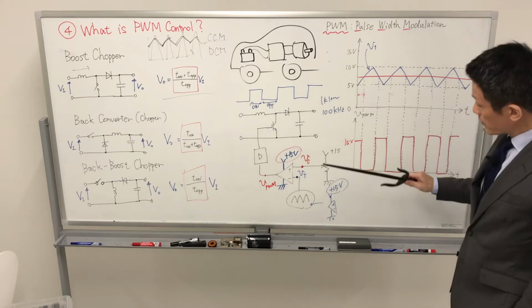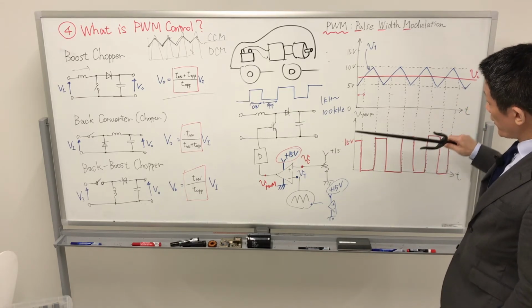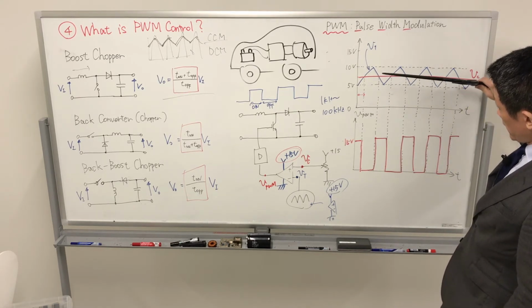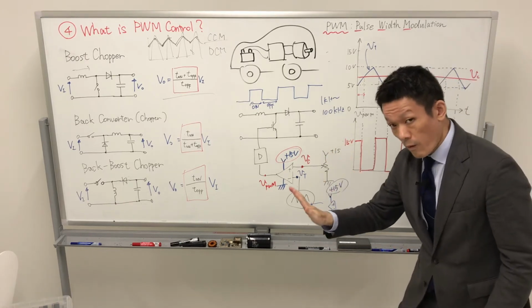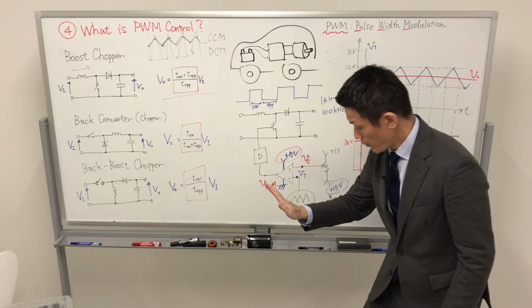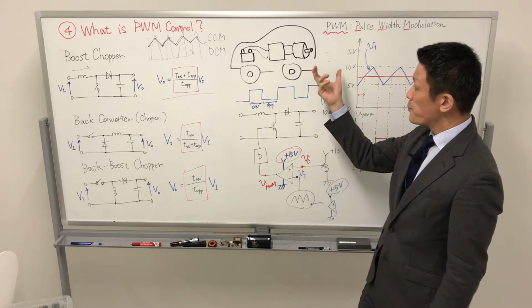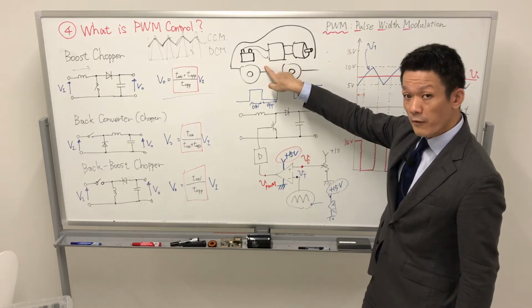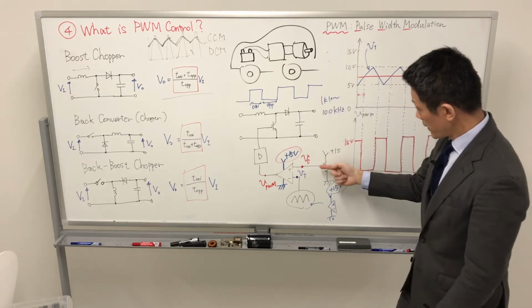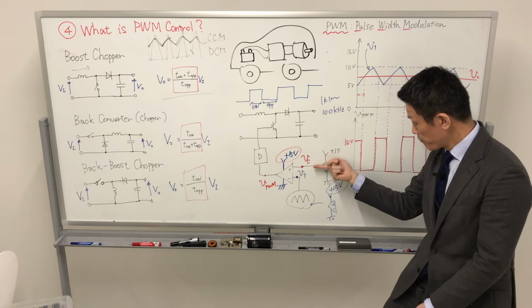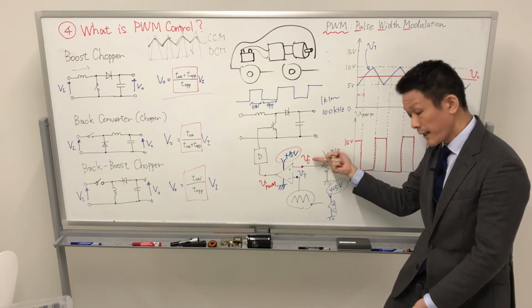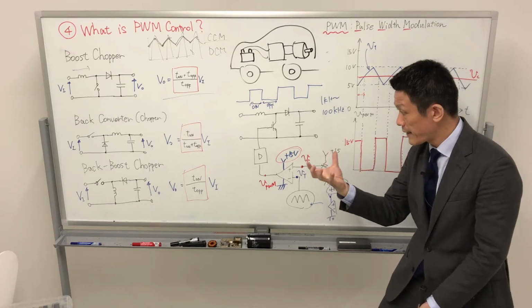And in this case, if the accelerator is on, we require high speed in the electric vehicle. The voltage moves to the upper side, and we can obtain a higher voltage.